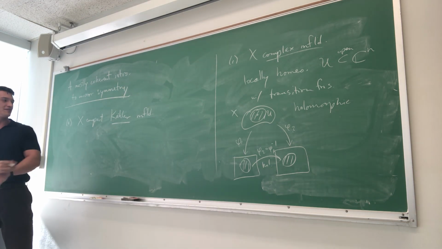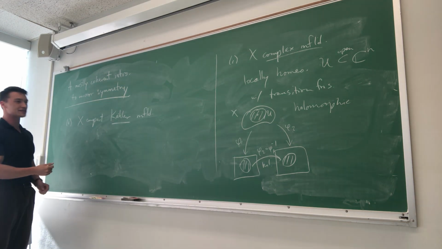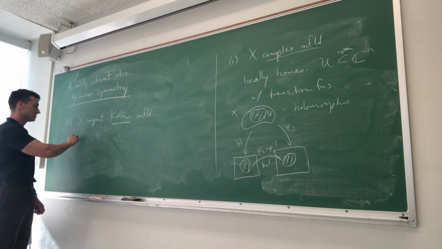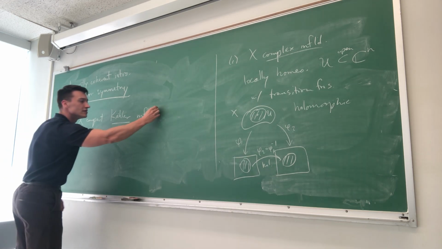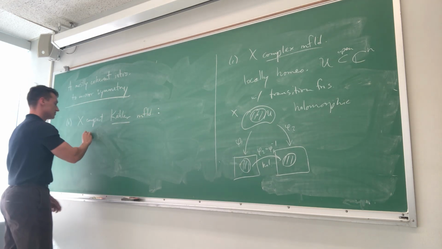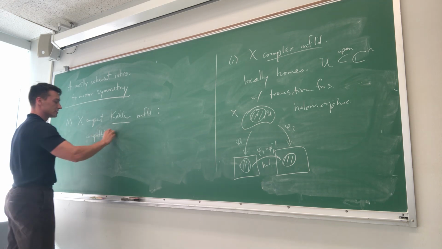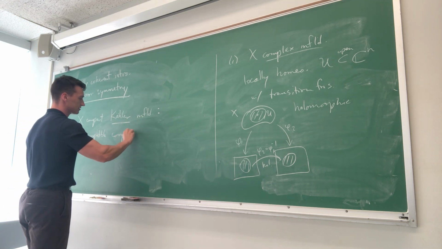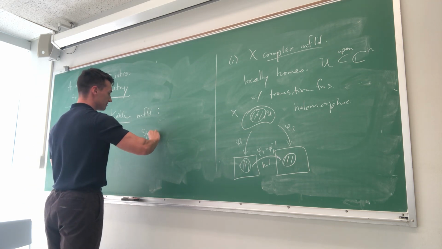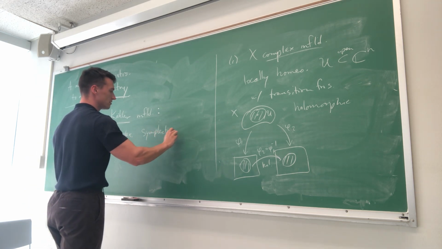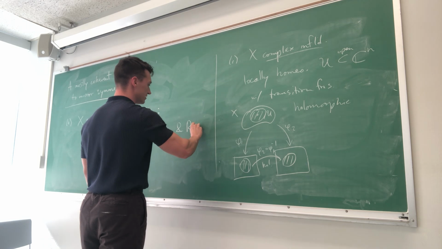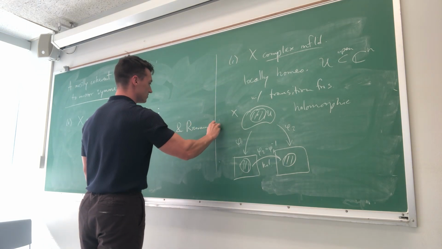Kähler is just a very nice class of complex manifolds where basically we have compatible complex, symplectic, and Riemannian structures.